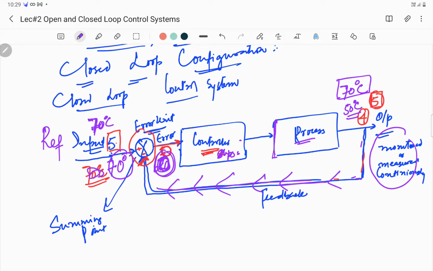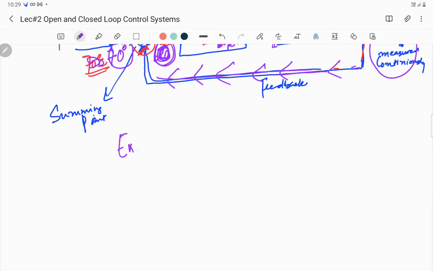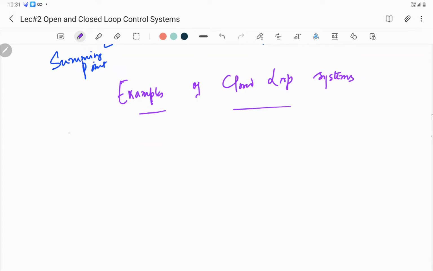Now, examples of closed loop systems. An air conditioner. An air conditioner is an example of a closed loop system.